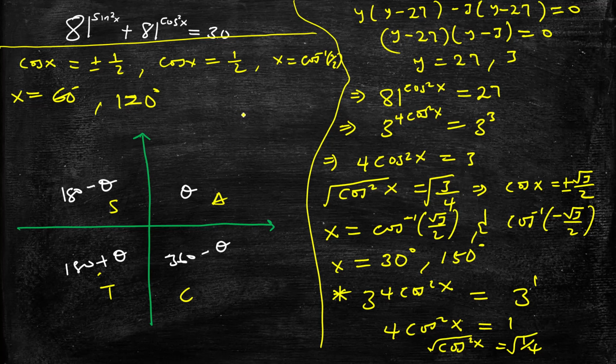So let's look at the first solutions. We have 30 and 150. Cos is positive in the fourth quadrant, so 30 will give us 330.